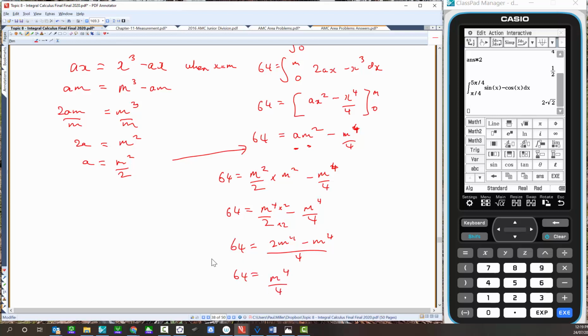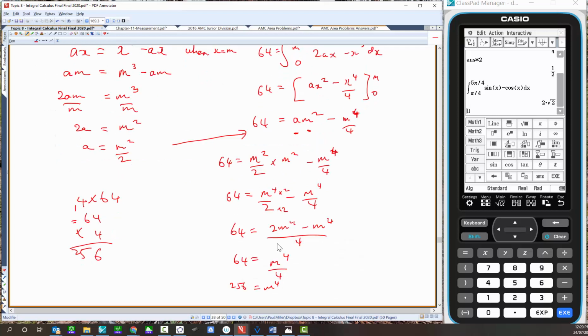Now we're going to do 64 times 4. 6 4s are 24, 25, 256. Alright, so now we're going to fourth root both sides. And staggeringly, when I fourth root both sides, that's going to start me off with 4.